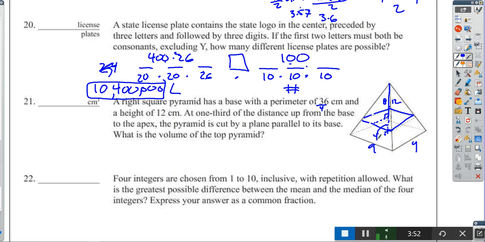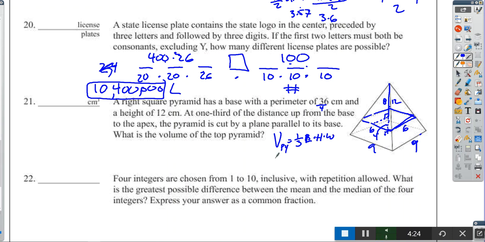And so 1/3 of 9 is 3, right? So then we take 3 off this side to get this side, because this is 2/3 of the pyramid. So 2/3 is 6, so we know that's 6. And we want to know the volume. Now, the volume of a pyramid is 1/3 length times width times height.